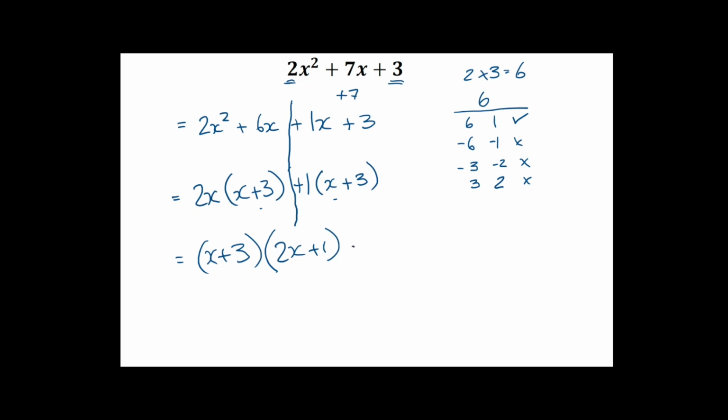So let's just make sure it's expanded out. X times 2x is 2x squared. 3 times 2x is 6x. X times 1 is 1x. 3 times 1 is 3. And collecting up the terms.